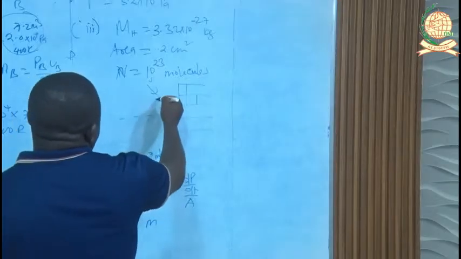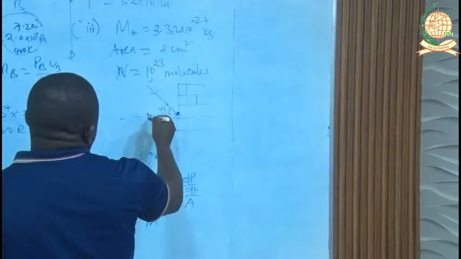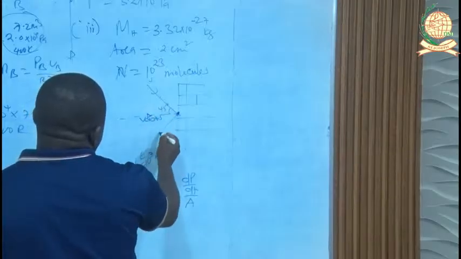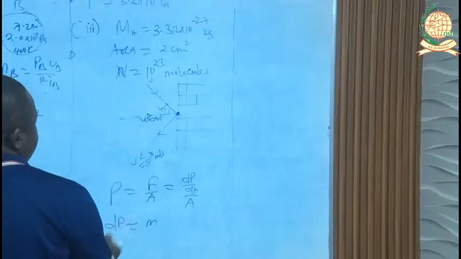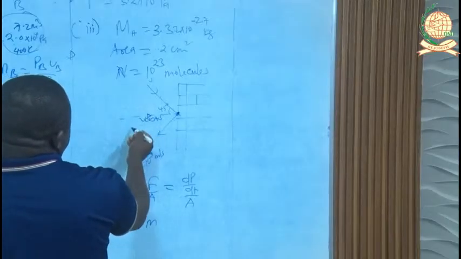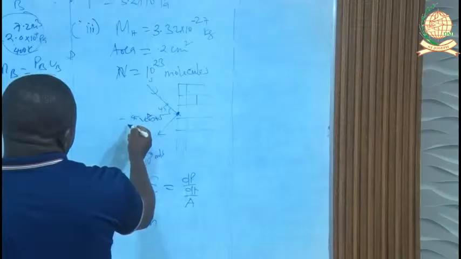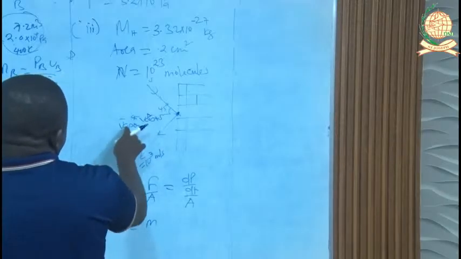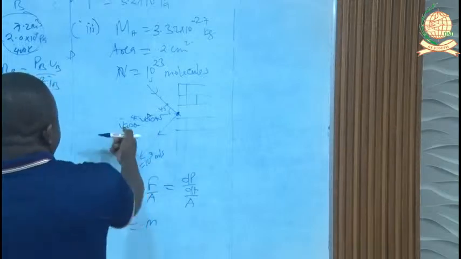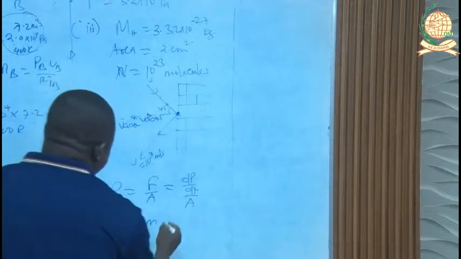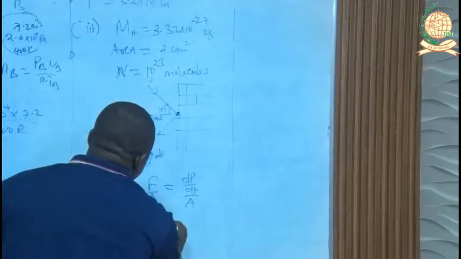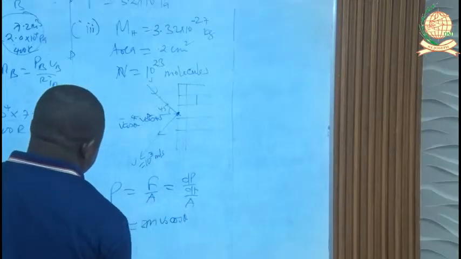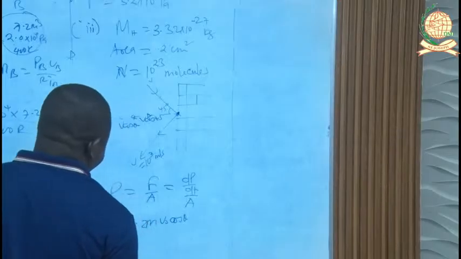So first resolve this into the horizontal. This is v cosine of 45, and also the rebound velocity. If we resolve into the horizontal, we'll have v cos theta. So final minus initial, but the final and the initial are in the opposite direction, so I'll get 2 v cosine of theta. That is the change in momentum.